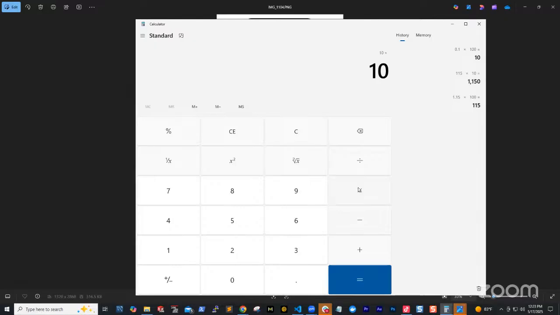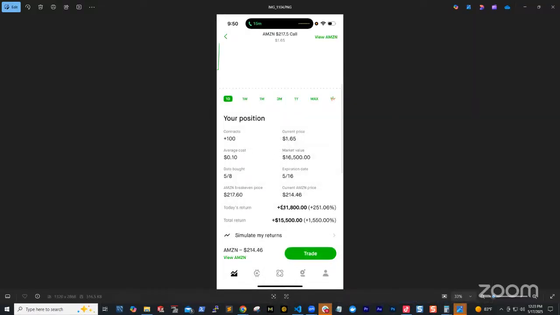Usually when it's 10 cents like that, I would just throw $1,000 at it, because if it makes money, it will make money times 100. So I paid $1,000 for this, and that $1,000 was $15,000. Sometimes that's how you make money in options, right?